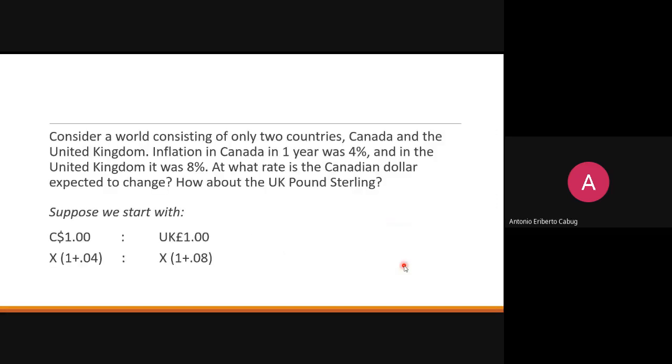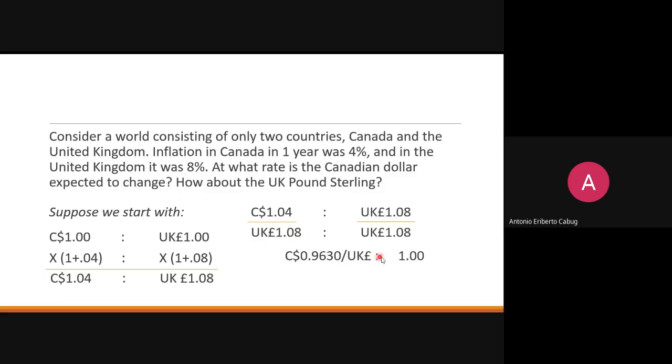On the other hand, the UK pound sterling, what used to be 1 UK pound is now 1.08. Divide by 1.08 both sides. The UK pound sterling is now valued at less Canadian dollar, 0.9630 from $1. This is a decrease by 3.70%.